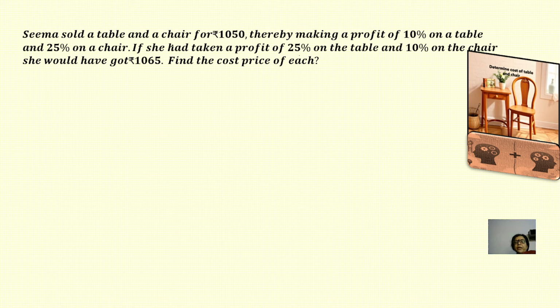So now to frame the equation, we must remember that the selling price is always equal to the cost price plus the profit. So first of all, let's take the cost price of the table as rupees X. This is the CP of the table.